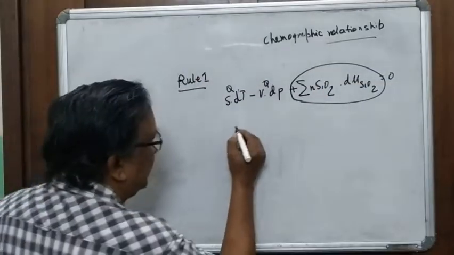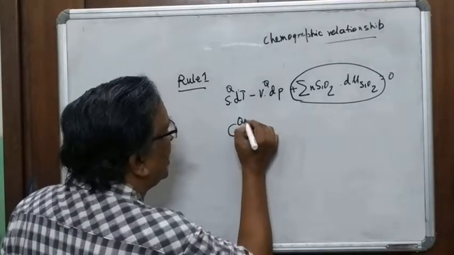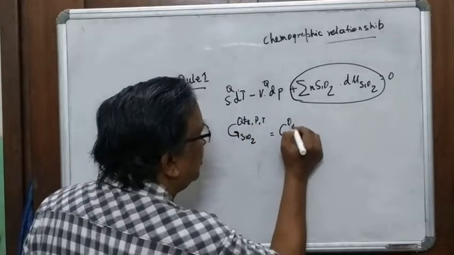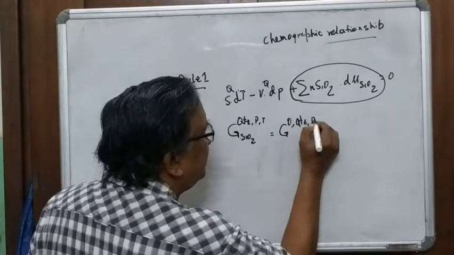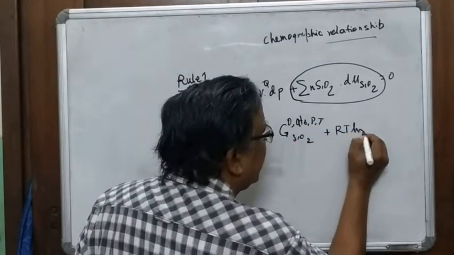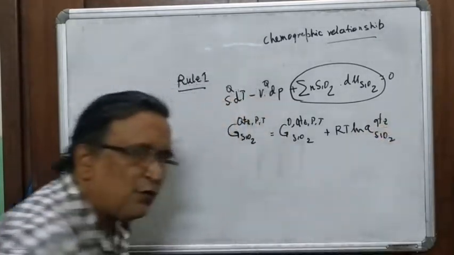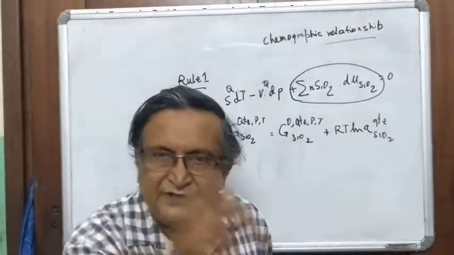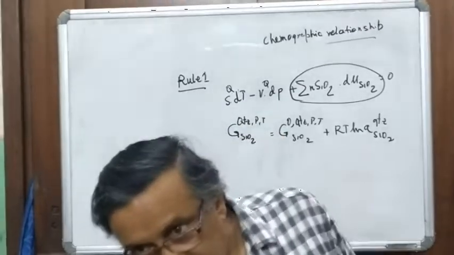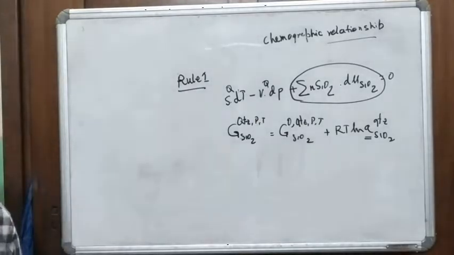In other words, we can write it this way: G SiO2 in quartz at pressure and temperature is equal to G0 quartz at P, T of SiO2 plus RT ln activity of SiO2 in quartz. If SiO2 in quartz, or TiO2 in rutile, is a pure phase, the activity of SiO2 in quartz is equal to 1.